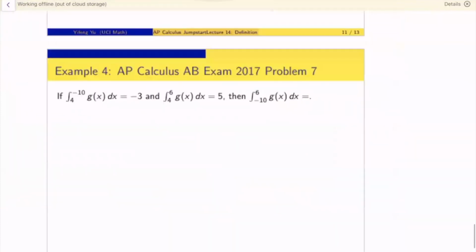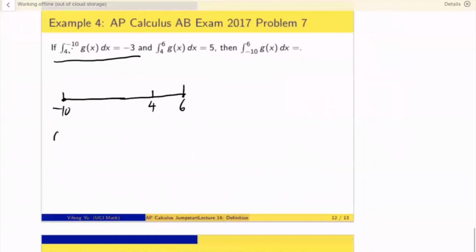Now let's look at a past problem from the AP calculus exam. Here we have -10, 4, and 6. It first says the integration from 4 to -10 of g(x) dx equals -3.